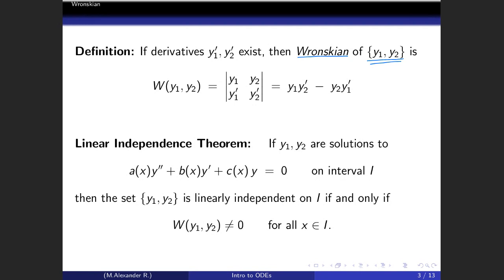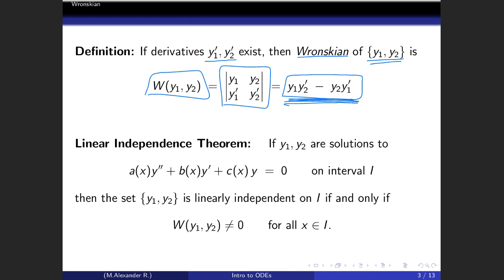But for only 2 functions, this is your formula for the Wronskian. So the Wronskian of y1 and y2, you have this determinant. This is a determinant of the matrix, but what we care about is the actual formula, which is here in the double underline. You have to use the functions, and then you have to use the derivative of the functions. So that's why we have to say that the derivatives have to exist.